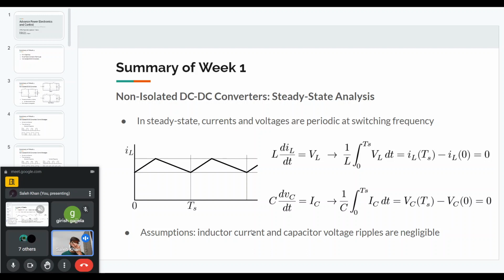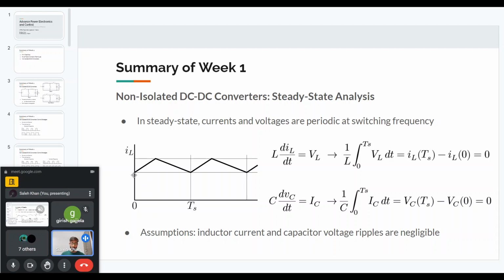So these two things we want to find out at the basic level, and later on we can find out some other things as well. But in steady state, we want to find the average output voltage and average inductor current. What steady state means is that our currents and voltages are periodic at the switching frequency.